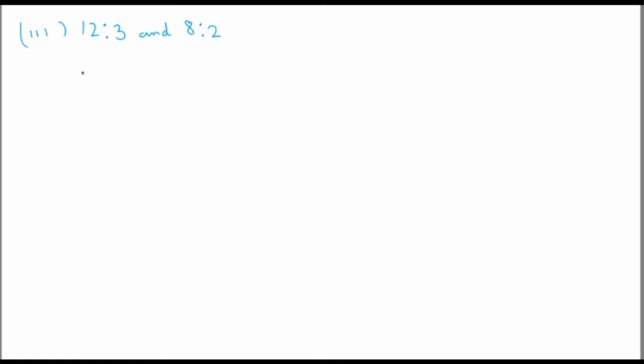Now multiply both. Extremes are 12 and 2, whereas means are 3 and 8. This is 24 and this is also 24. Both of them are equal, therefore the answer is yes.